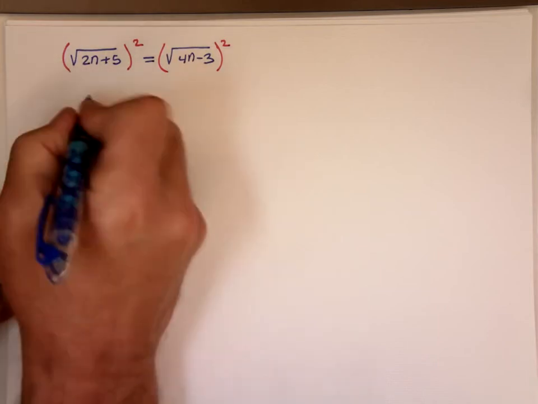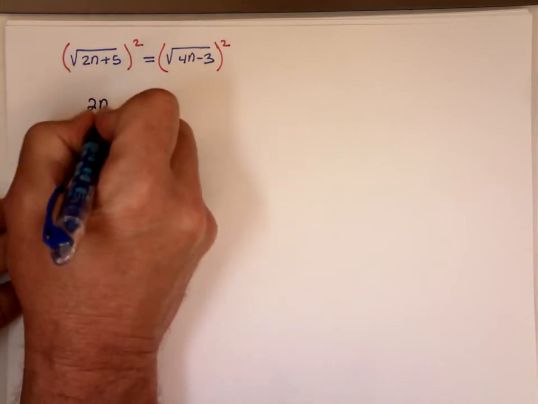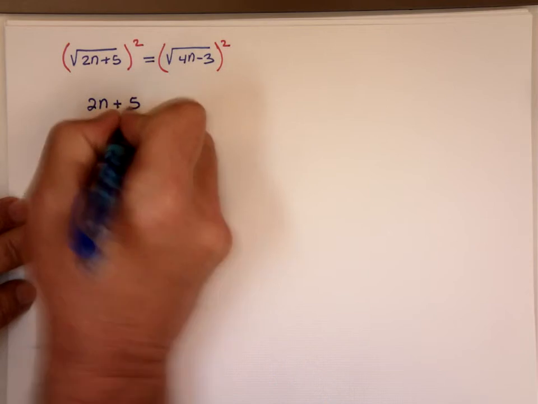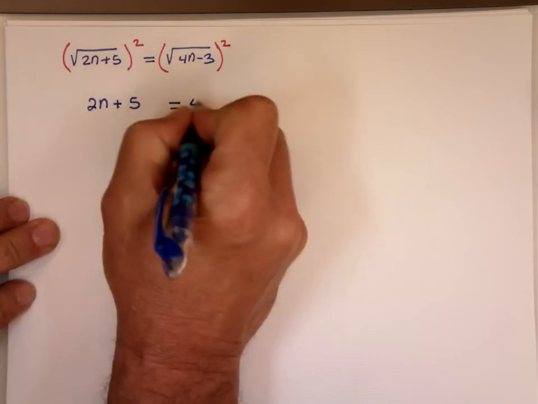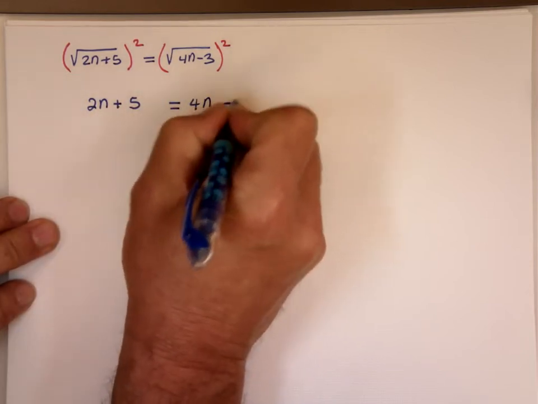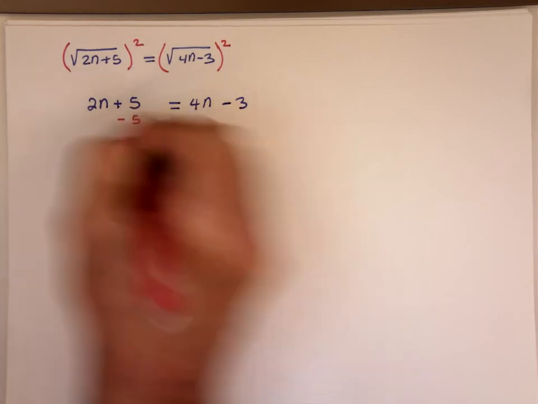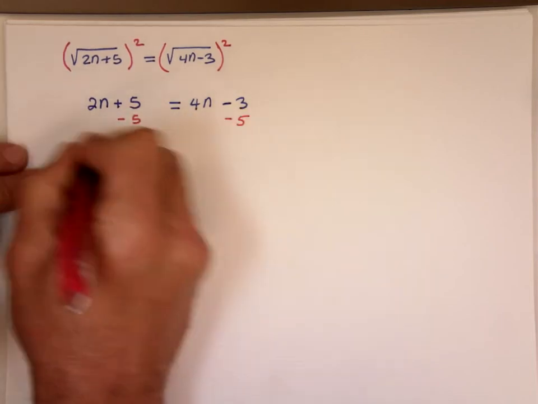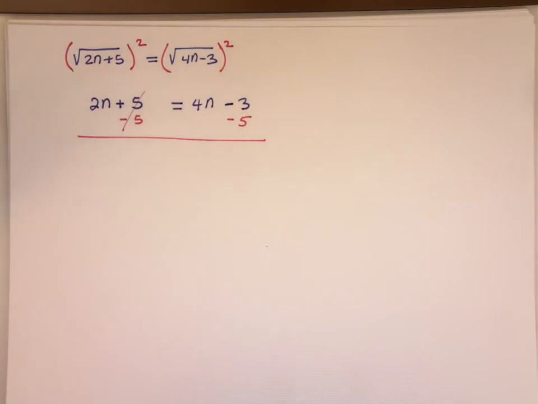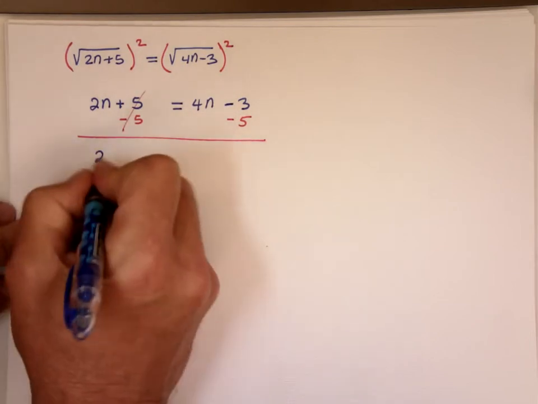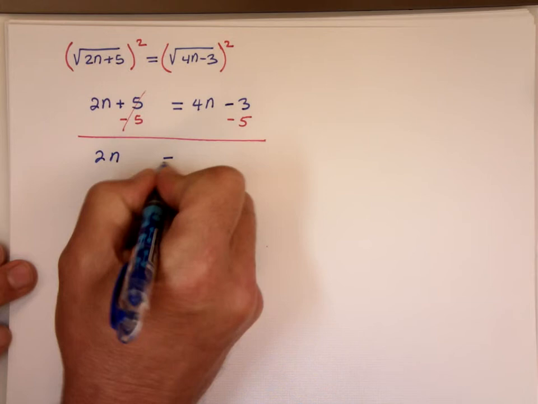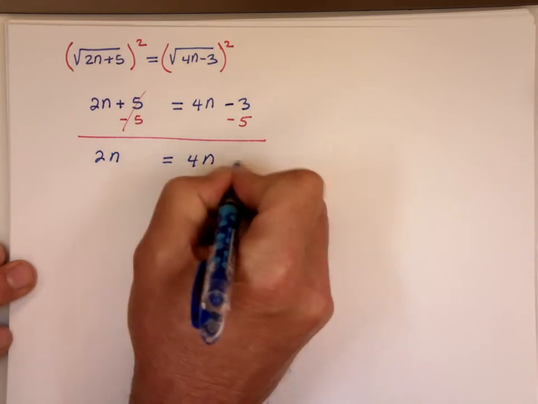When you square the square root, this ends up being 2n plus 5. And this one is what? 4n minus 3. I can subtract 5 from each side. 2n equals 4n minus 8.